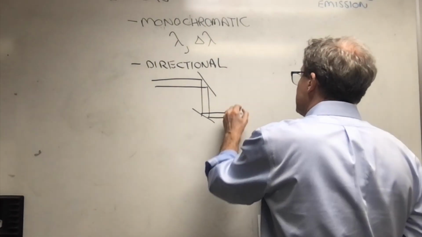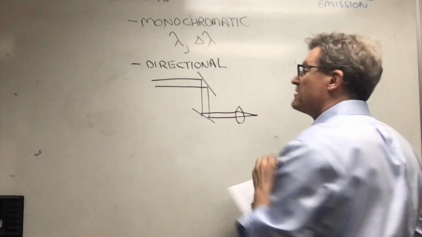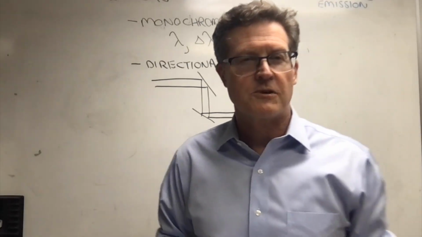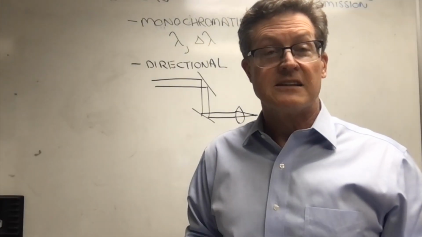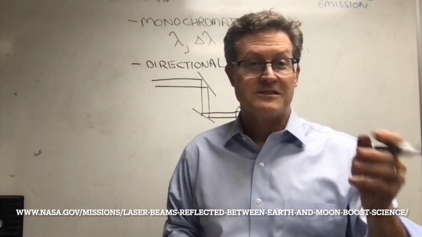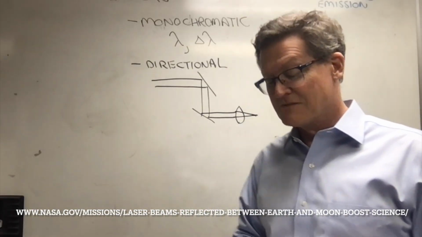Then we can put lenses in there, and we can focus down our light to very small spot sizes as well. So we can move it around. We know exactly where the photons are. We can move them over large distances. You can even bounce a laser off a mirror on the moon and see the light coming back, which they have done to figure out how far away the moon is and how that changes over time.